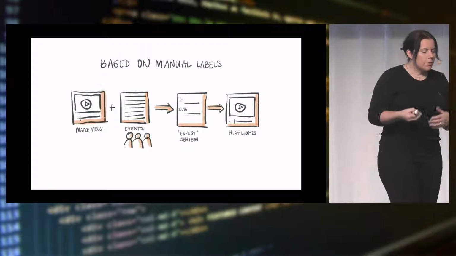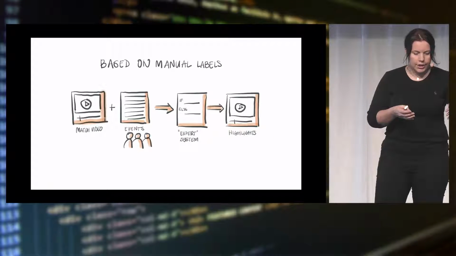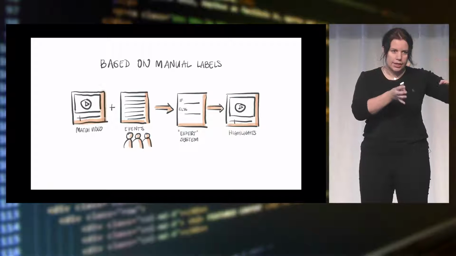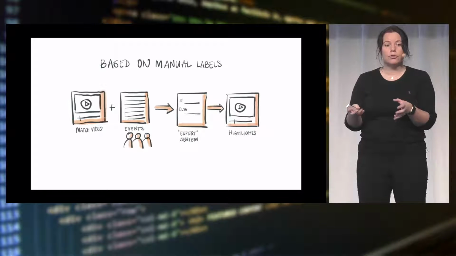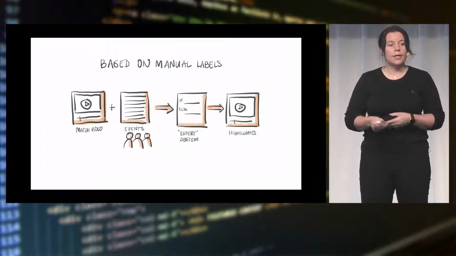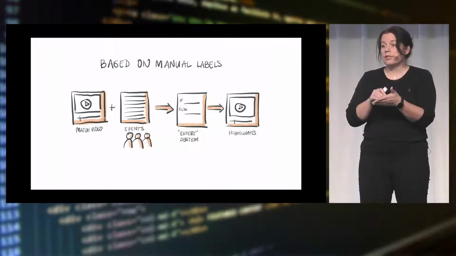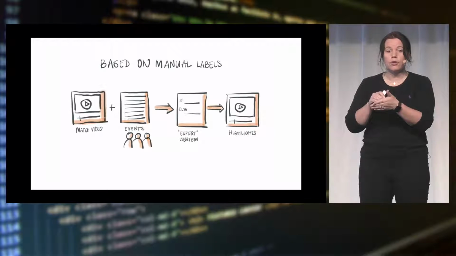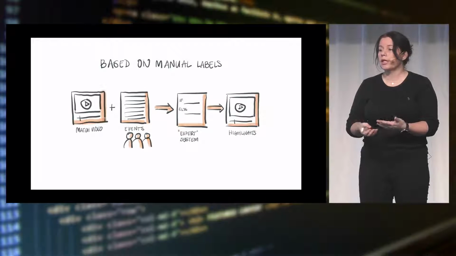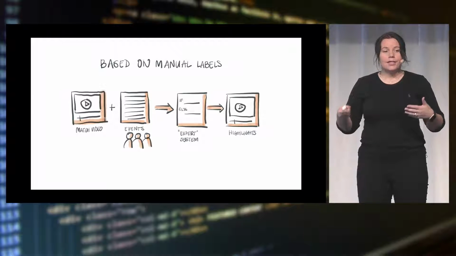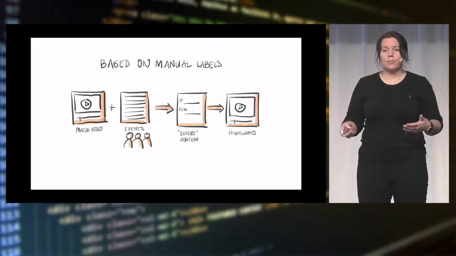One way they solve it right now is they take a video that comes in, and they have manually created markers, so people who actually sit down and create events saying basically there is a shot on goal, there is a red card or yellow card or something like that, or an injury. And then we have some kind of expert system.